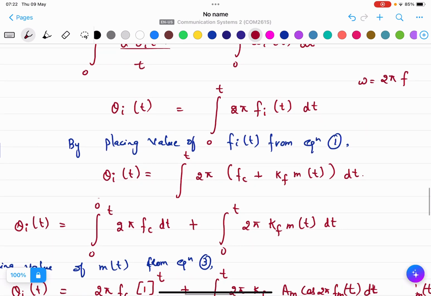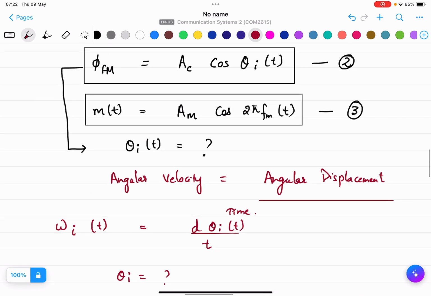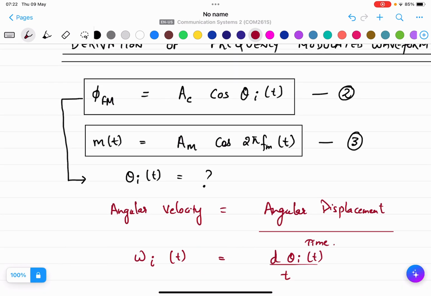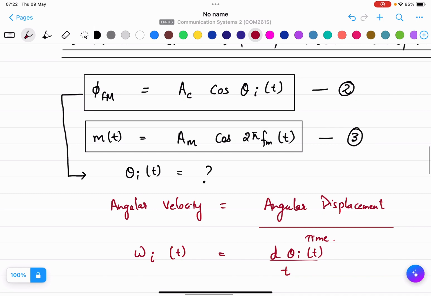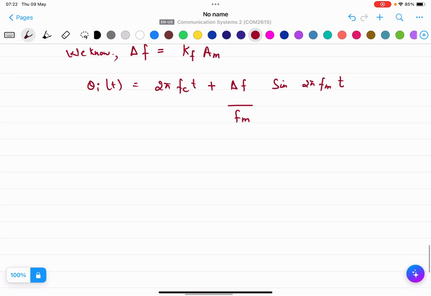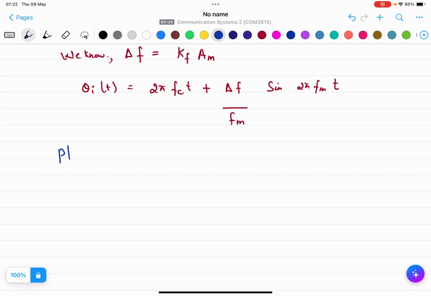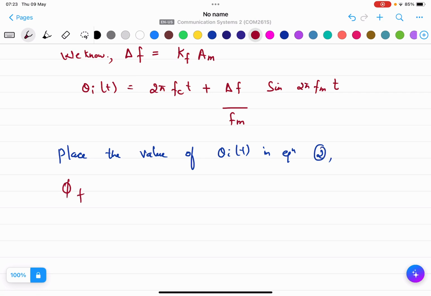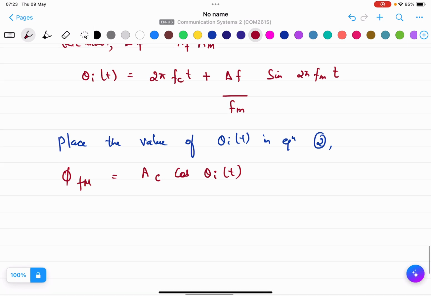Now I need to place this value in equation number 2, because I need the equation for phi FM equals Ac cos theta i(t). So I place the value of theta i(t) in equation 2. Equation 2 is phi FM equals Ac cos theta i(t).